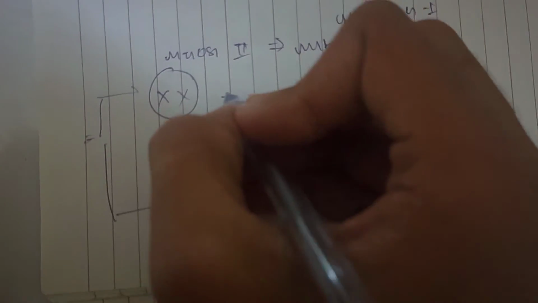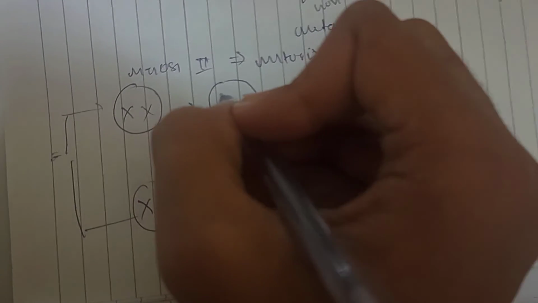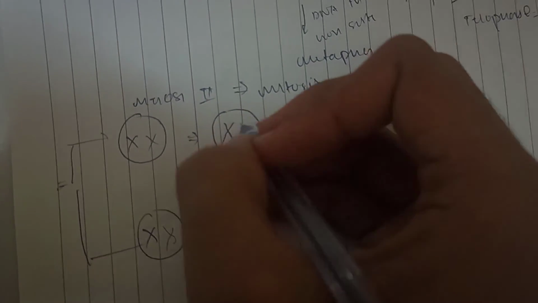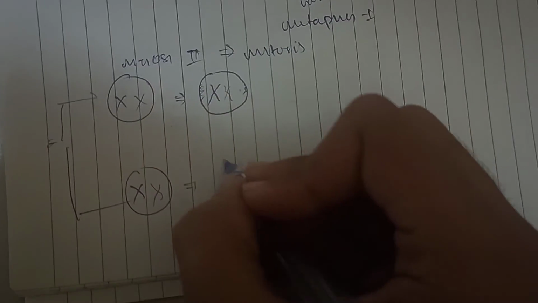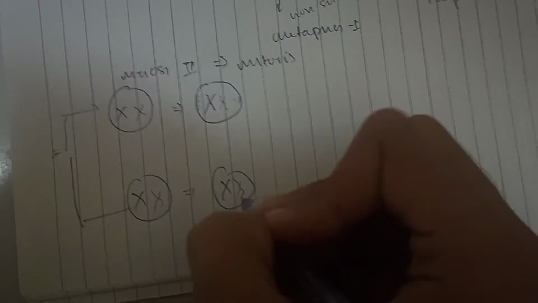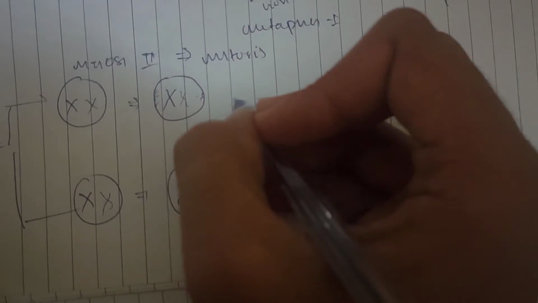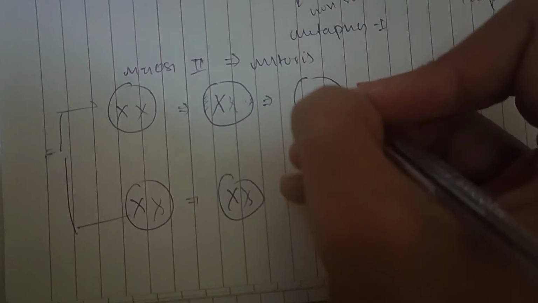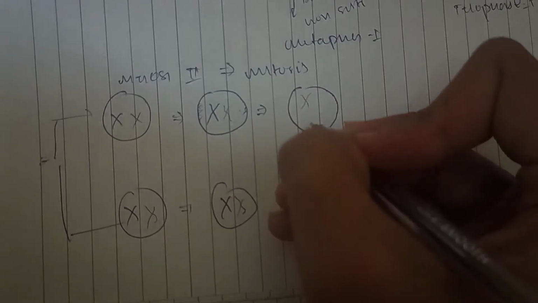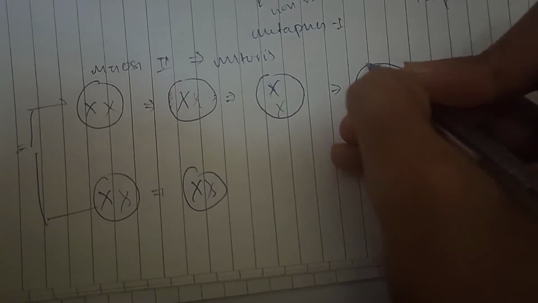So after this, the same thing continues here. Spindle fibers, the same thing happens here also. I'm just explaining this because if you understand this, you will understand that. Okay, and later what will happen? They move here, and it splits.